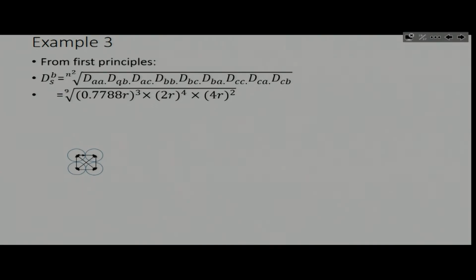And then the distance from A to B. Let's assume they're all touching. So that will be 2R and 2R and back. So there's 4 of them. And then from there to there is 4R.